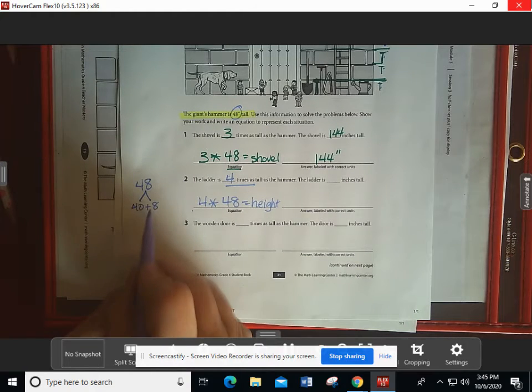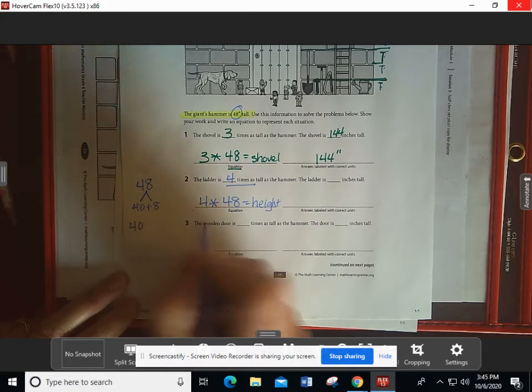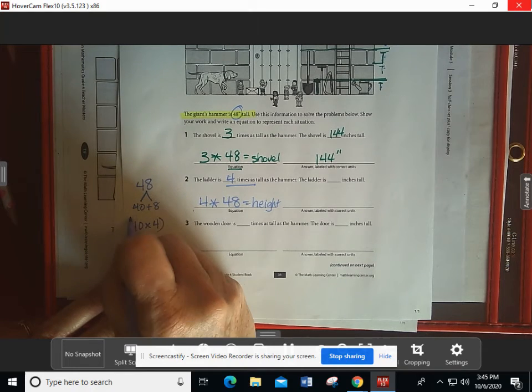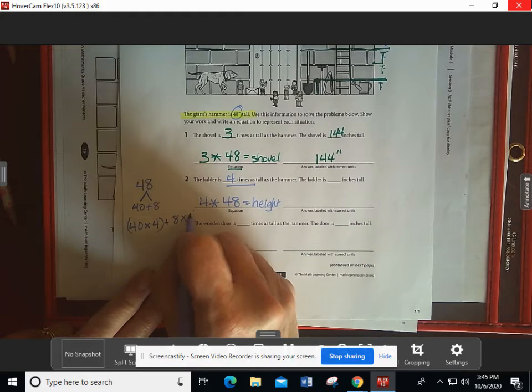We still have to multiply each of those numbers times 4. So we're doing 40 times 4, and then we have to add 8 times 4.